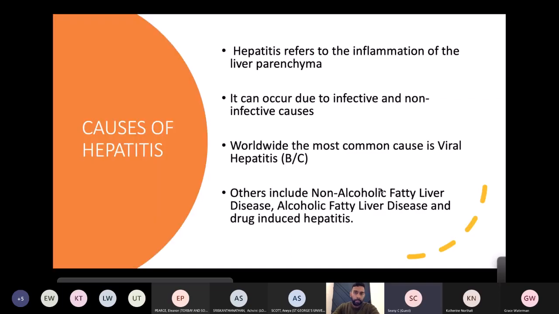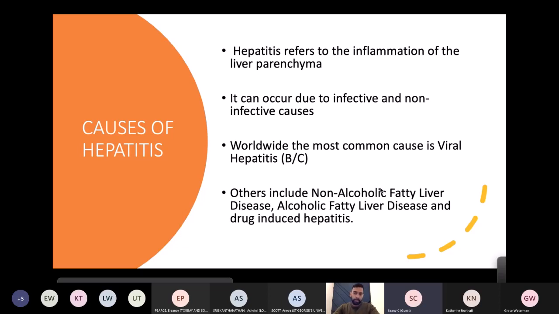Hepatitis simply means inflammation of the liver. It doesn't have to be infective. It can be infective, such as hepatitis B or C, or non-infective, such as the really common non-alcoholic fatty liver disease, alcoholic fatty liver disease, or even an acute reaction to a certain medication.